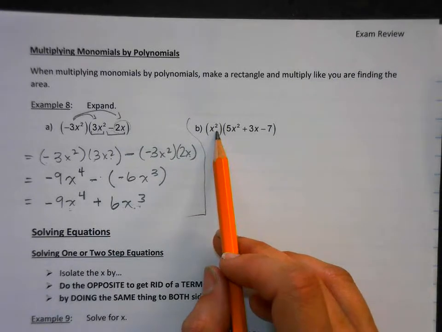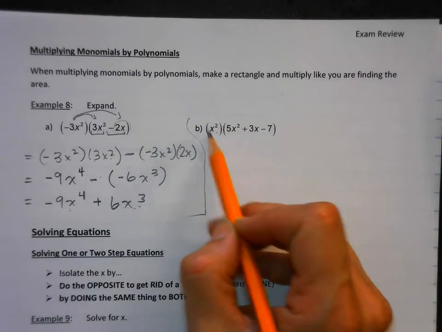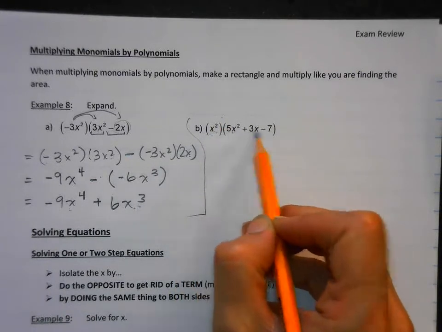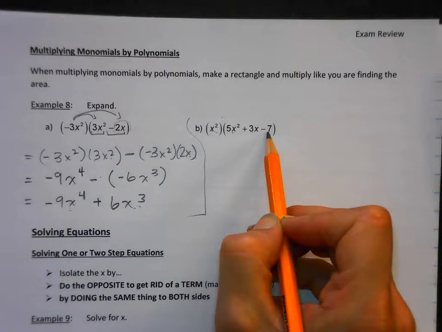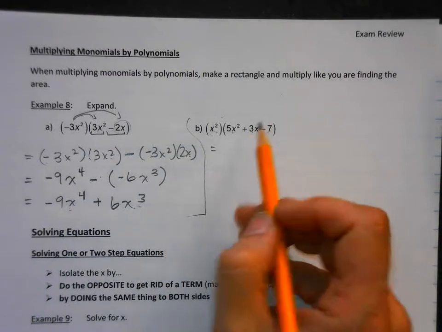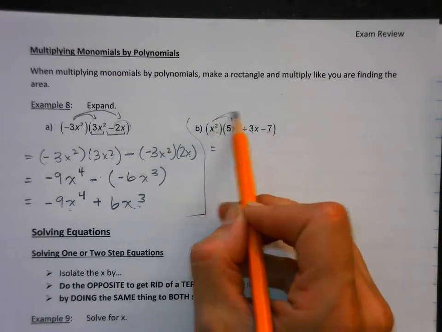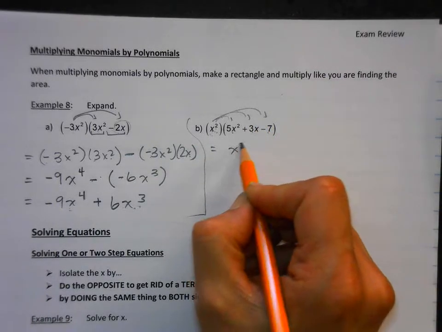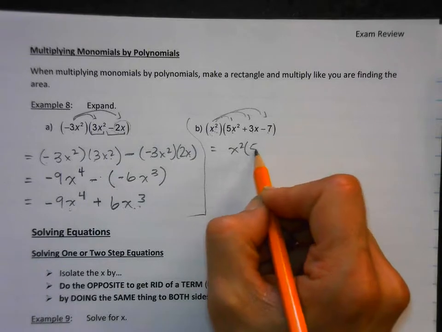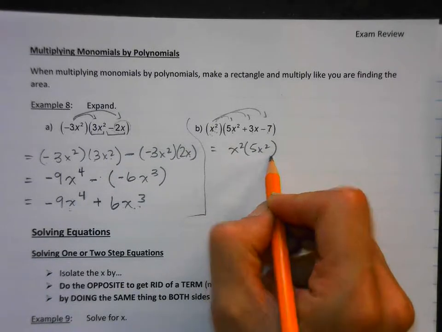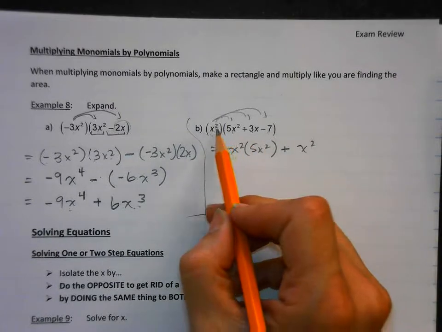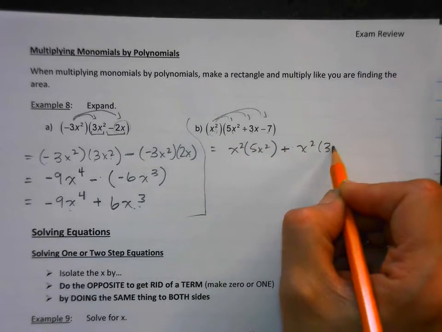All right, so now with this one, I have a 1, or a single, in front of brackets with 3 terms. So that means I have to apply this one to the 3 different terms in the other bracket. So I'm going to write x squared times 5x squared. Now I'm going to bring the sign down, and I'll put my x squared, which is here, and my 3x.